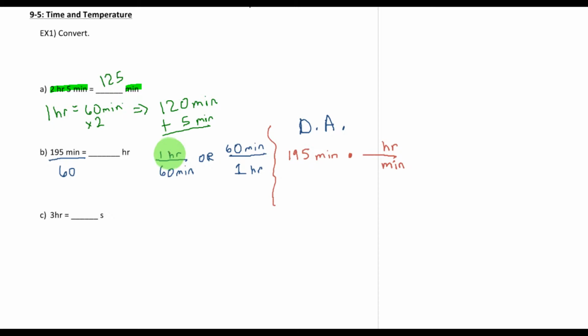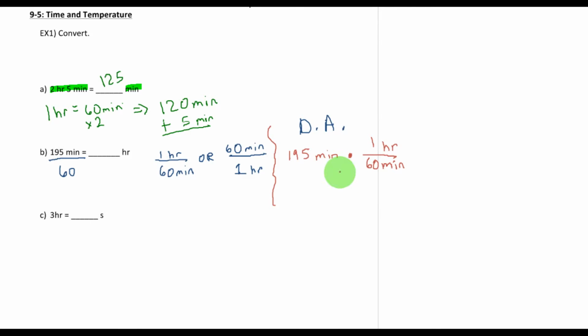So I'm just matching values now. 1 hour will go on top, and 60 minutes will go on the bottom. So whenever the units you're starting with, in this case minutes, are the same as the units in the denominator that you're multiplying by, they cancel each other out.